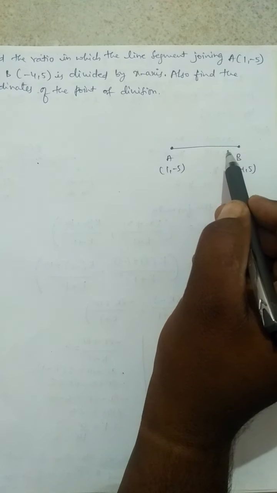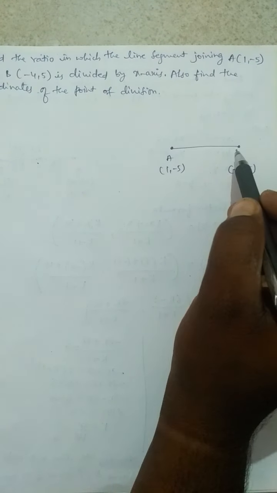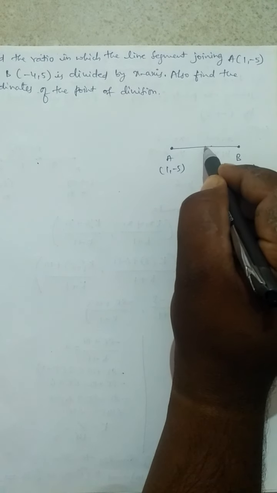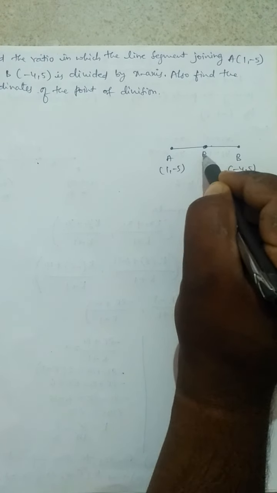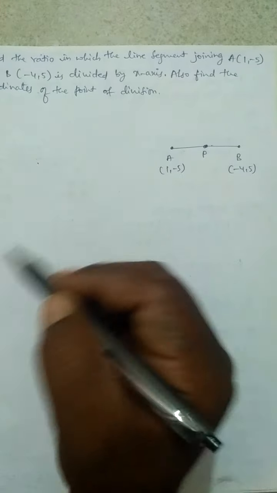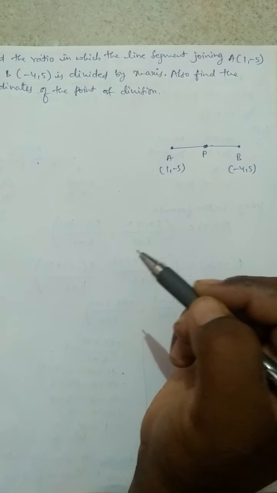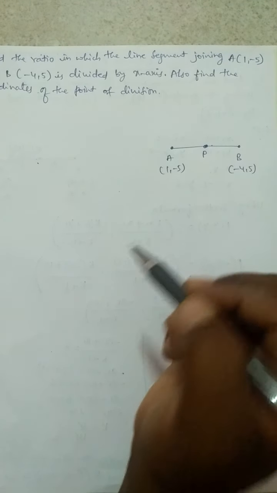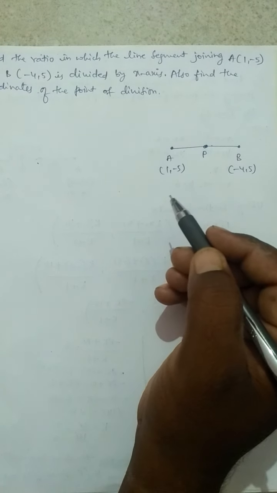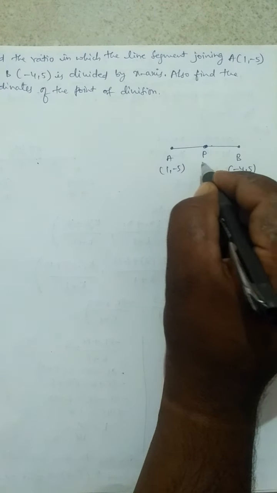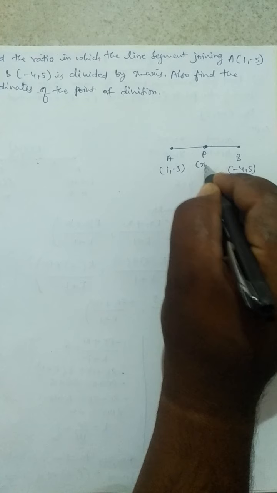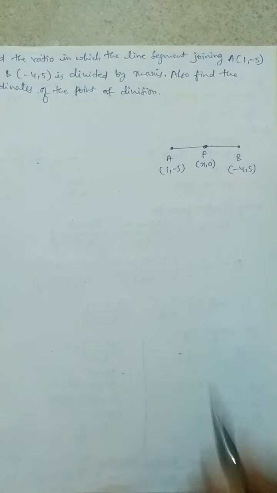After locating these 2 points, if you join them, the line segment is going to meet the x-axis. Where it meets the x-axis, that point I am going to take as P. On the x-axis, only the x coordinate will be there, the y coordinate will be 0. For that reason, we take the coordinate as x comma 0.